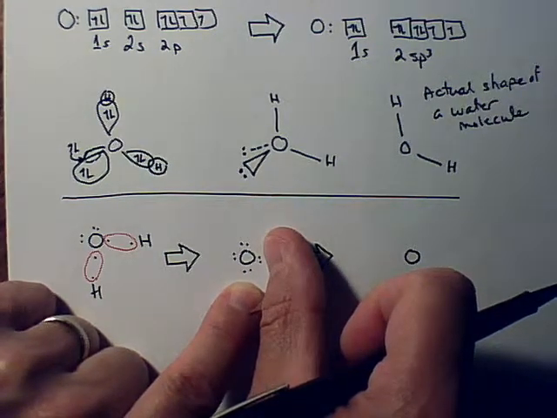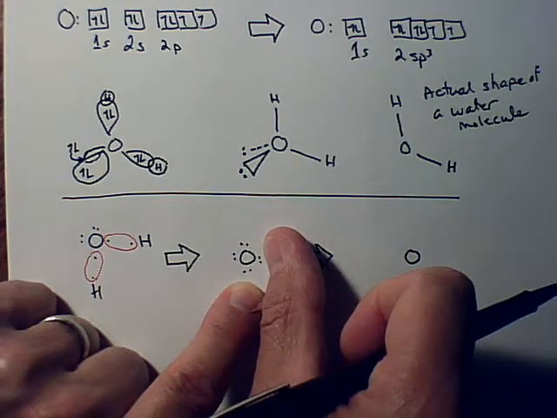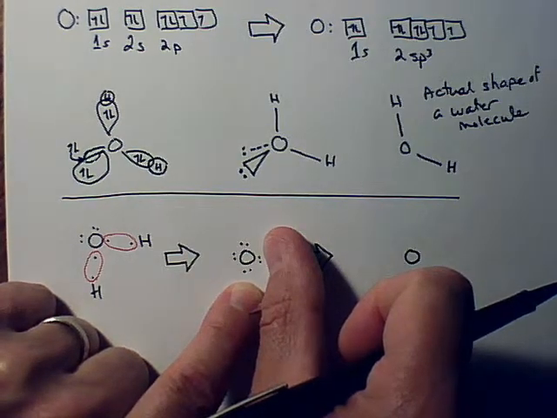That's 4. If you have 4 sets of electrons around a central atom, it will form a tetrahedral.